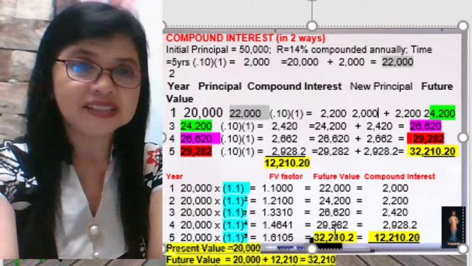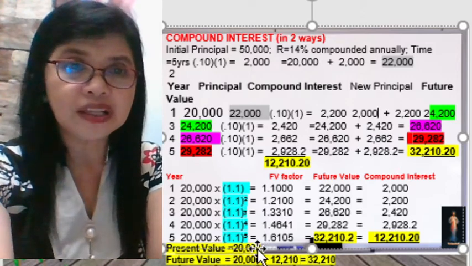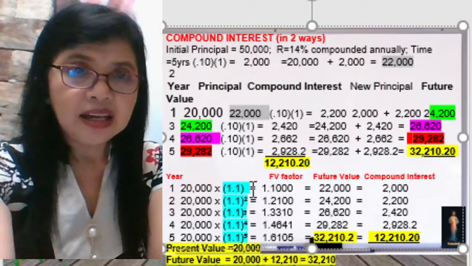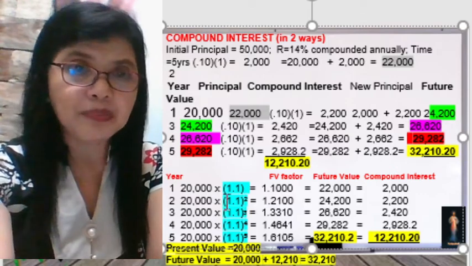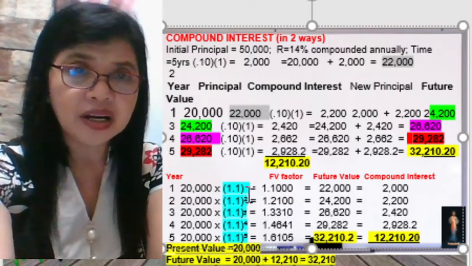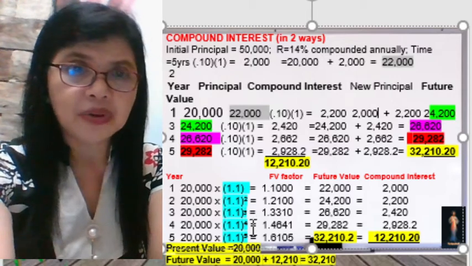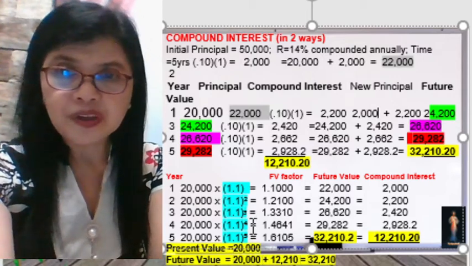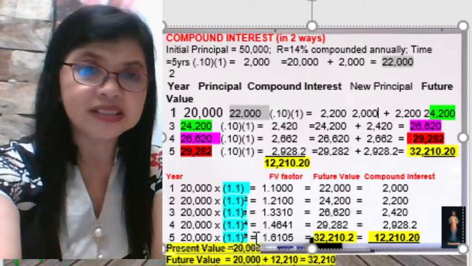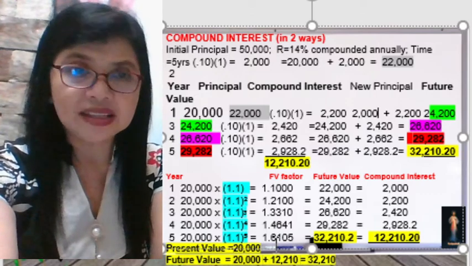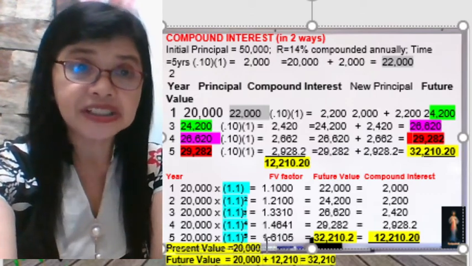So it's very easy. Now, for the present value of 20,000, here you use the exponent 1.1 raised to the second power, here to the third power, to the fourth power, and to the fifth power. So the present value of 20,000 is the original amount.